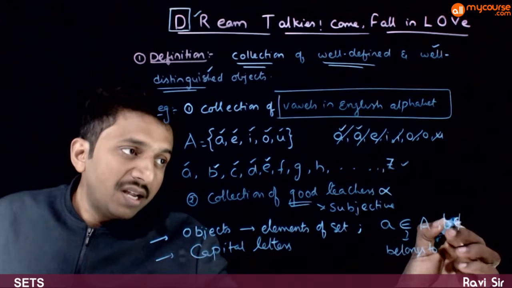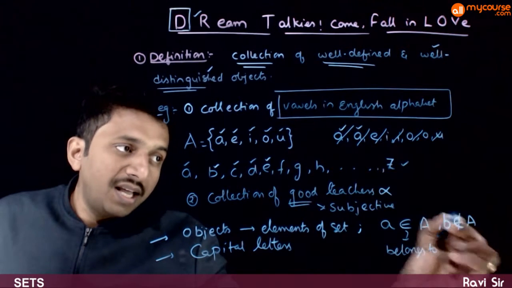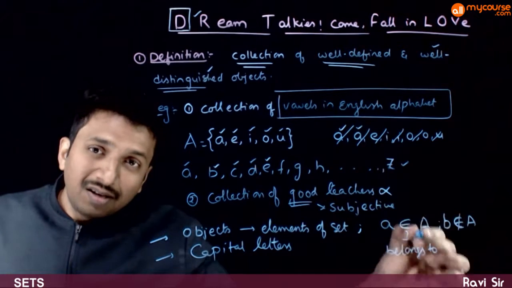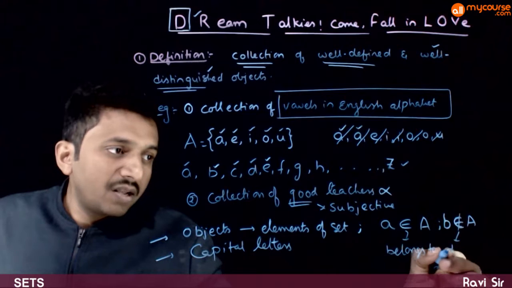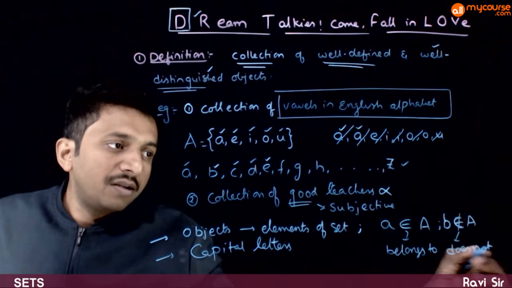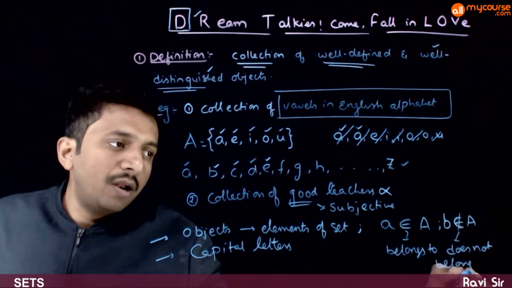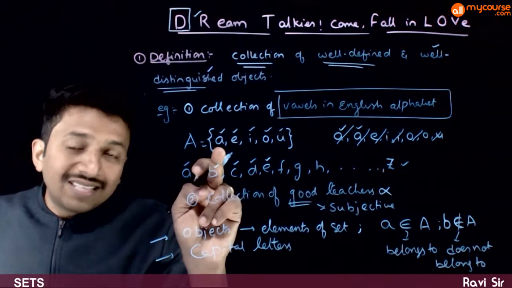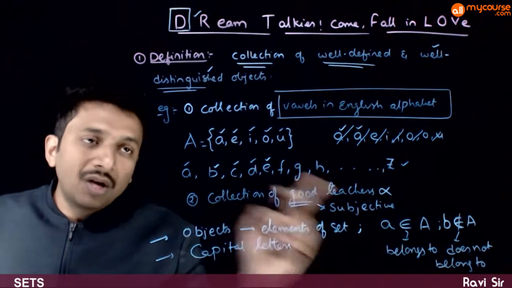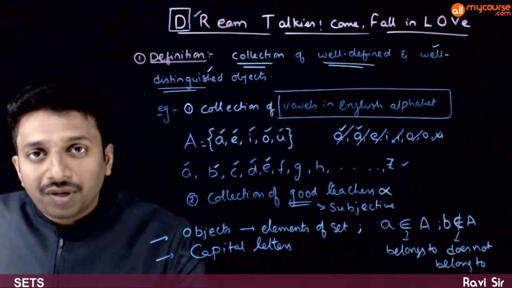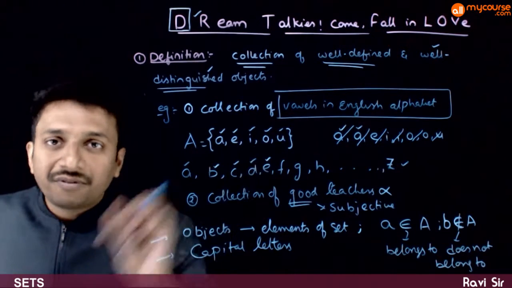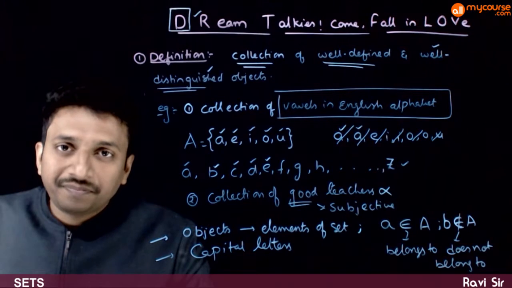No, element b does not belong to set A. If you write the belongs-to symbol and cross it, then it means does not belong to. So a is an element in A, so I say that a belongs to A, and b is not an element of A, so b does not belong to A. So each element of the set belongs to that set.